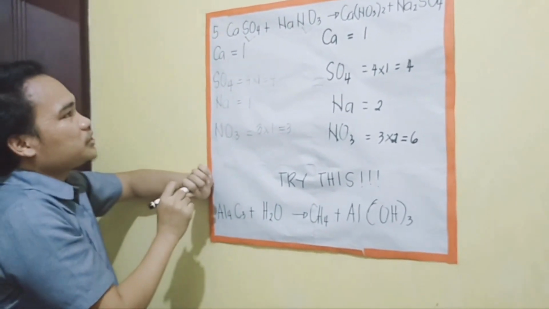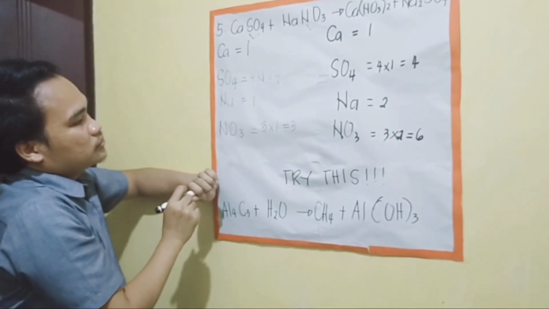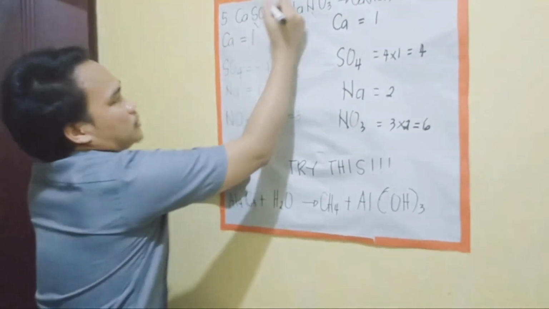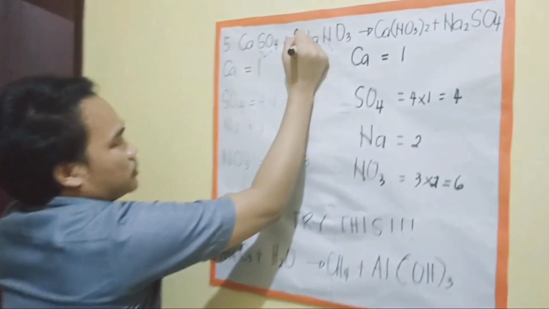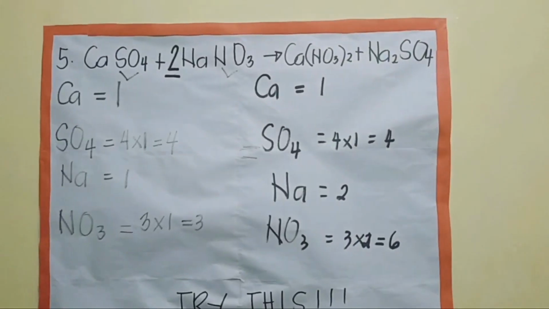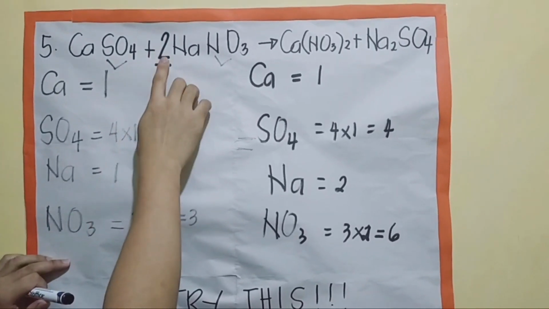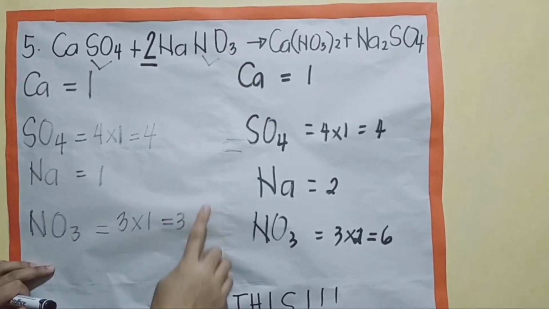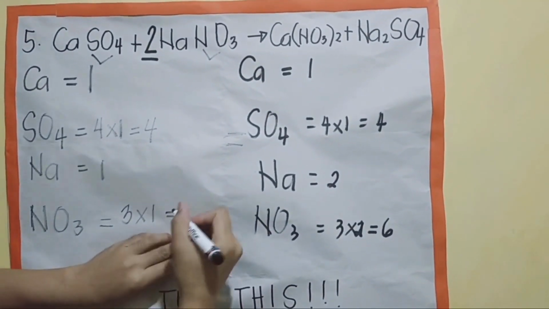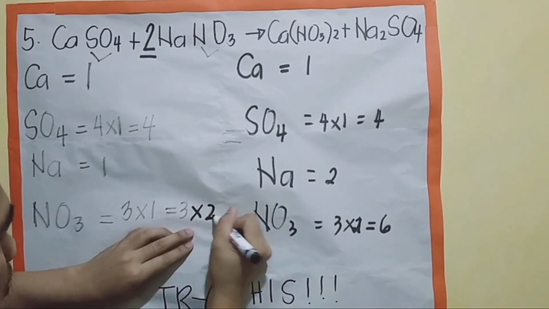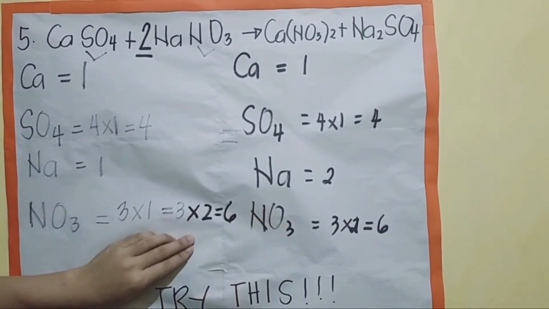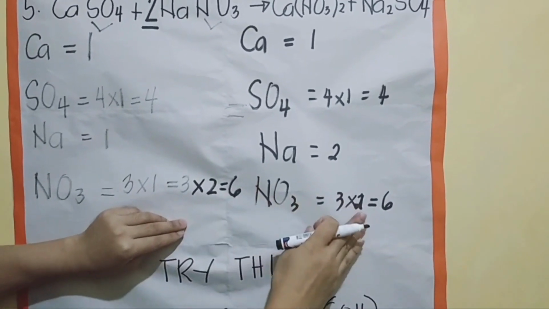So we are going to add 2 here. So 2 times 3 is equal to 6, which is equal to the right side.